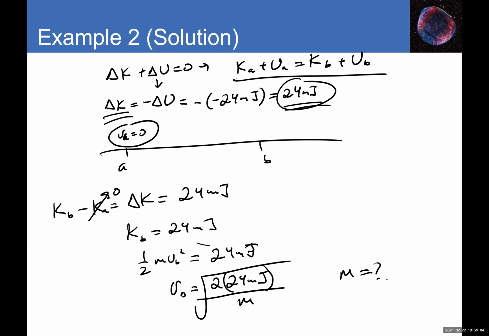If I knew this was an electron or a proton, which it wasn't, or if I was given the mass, I could calculate the speed at point B. That means you can always use this equation to calculate the speed of a particle when you're given the change in potential energy, because you can always relate that to the change in kinetic energy.